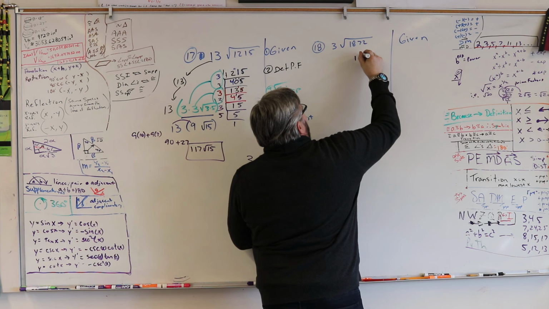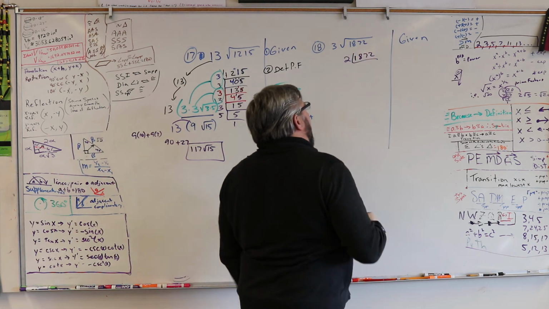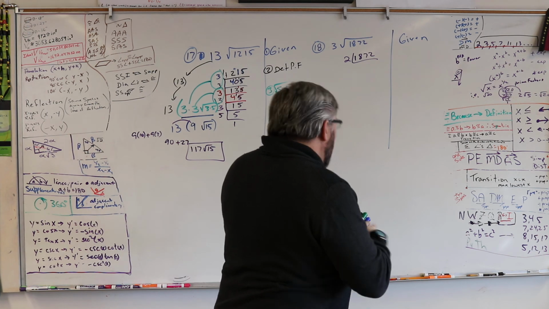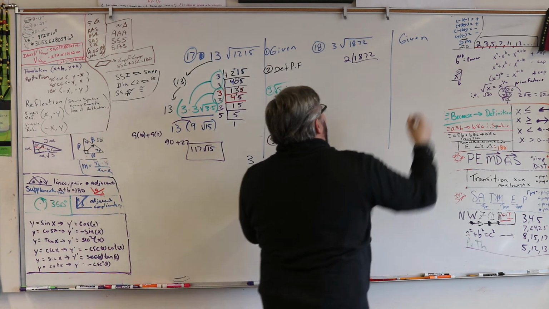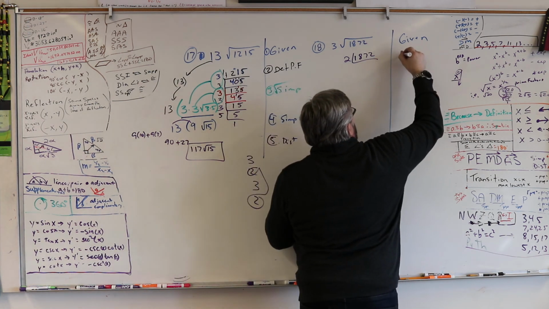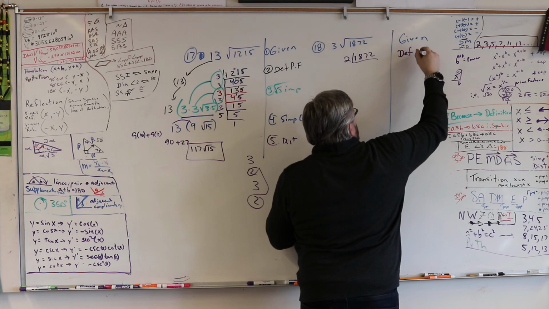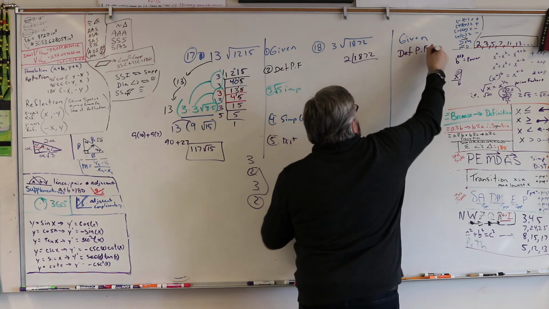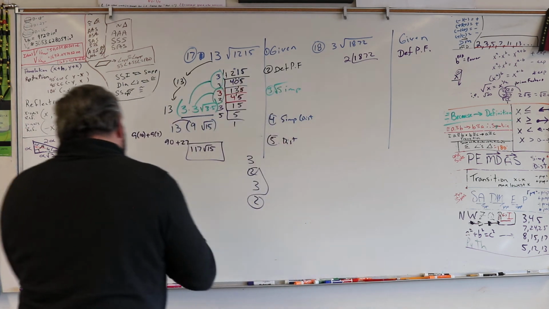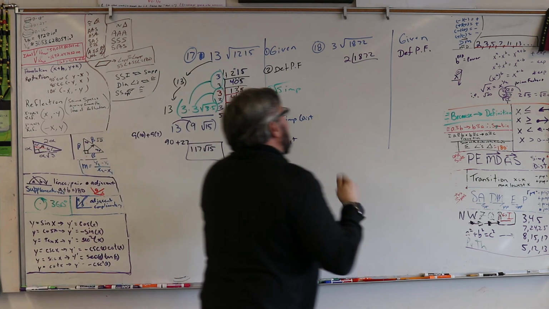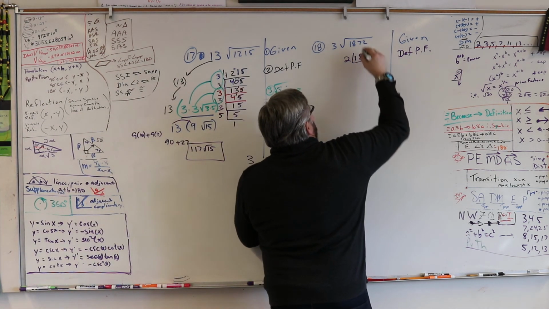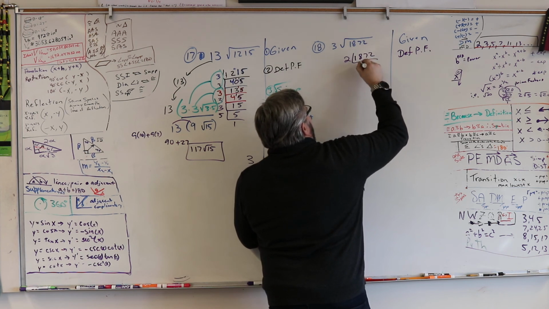So we got 1, 8, 7, 2. We're going to start with 2. And that's called what? Definition of prime factorization. Nice. So you remember the words. Okay. 2 goes into 18 how many times? 9.